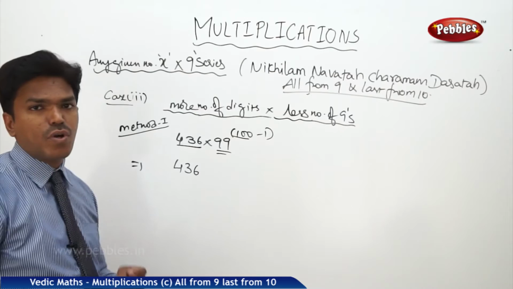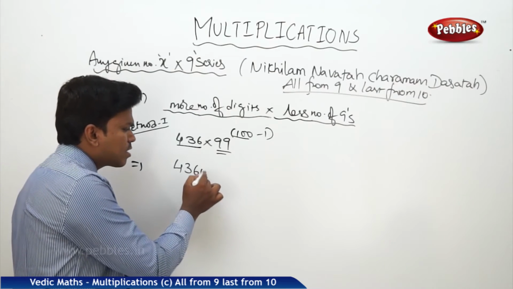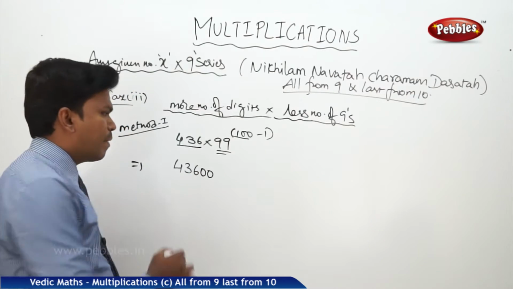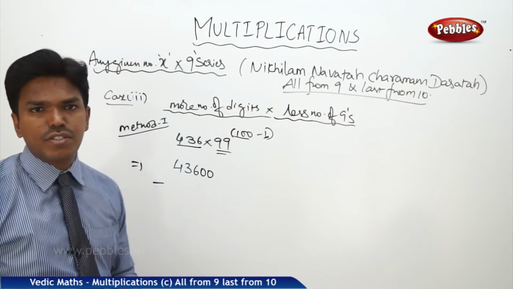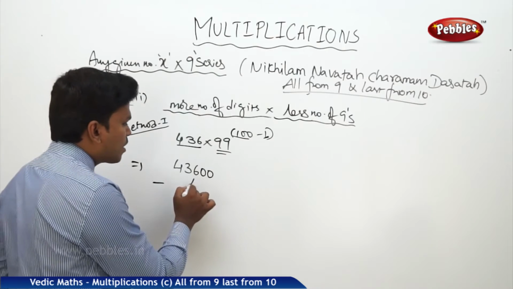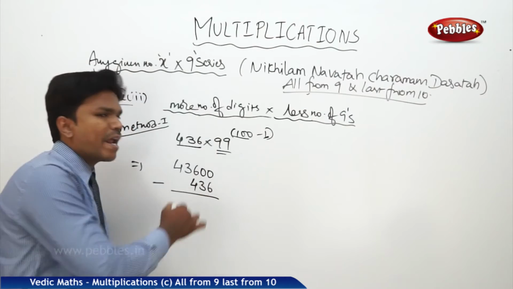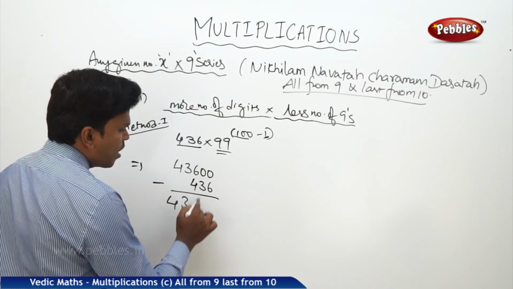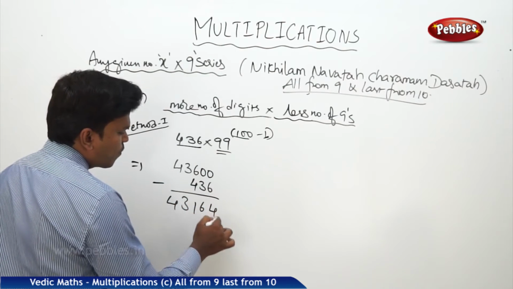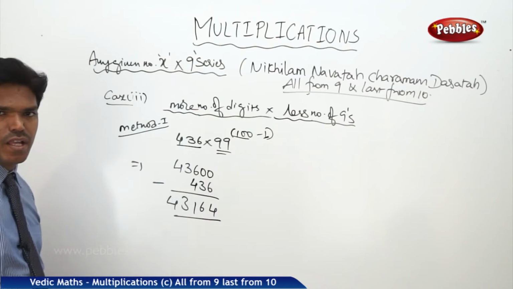What is 436 into 100? 43,600. Minus 436 into 1, which is 436. If you subtract, you will get the answer: 4, 3, 1, 6, 4.